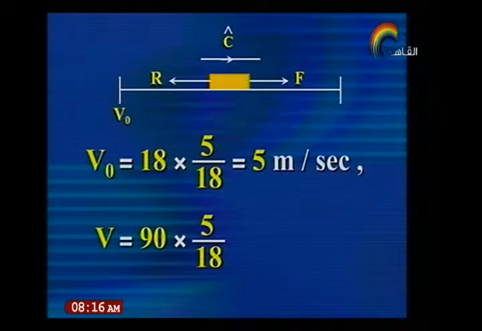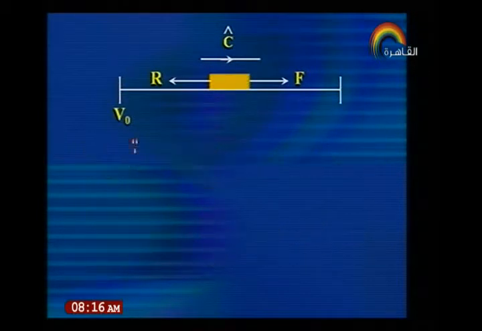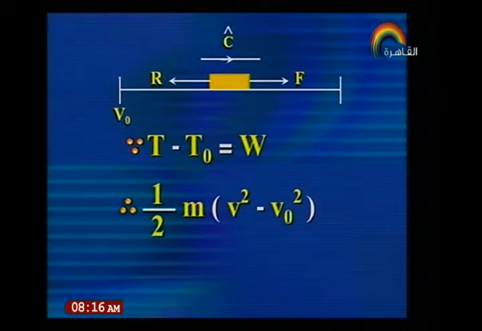The velocity after the car covers the distance became 90, multiplied by 5 over 18, equals 25 meter per second. Then we know that the change of kinetic energy equals the work done. T minus T naught equals W. Then half M multiplied by the bracket V squared minus V naught squared equals F minus R times S.